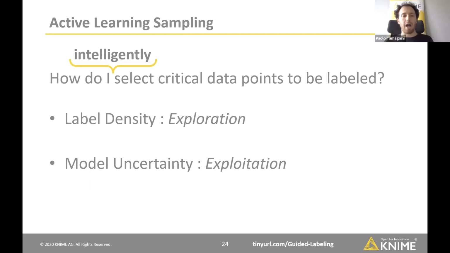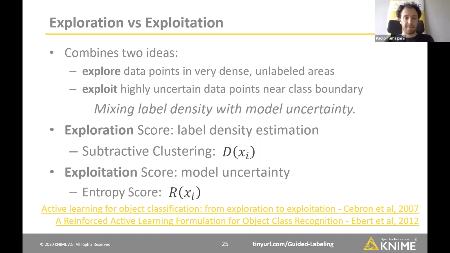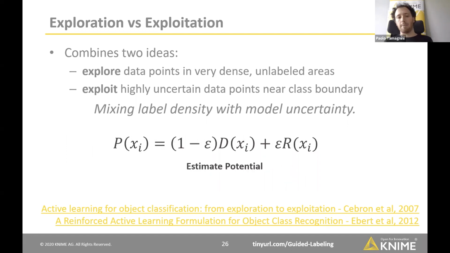So how do we combine them together? There are a couple of papers that show how to do this. And how do you combine two formulas? One is subtractive clustering, one is entropy score, but we could have picked different measures. How do we combine then the exploration score with the exploitation score, into what we call the estimation potential?